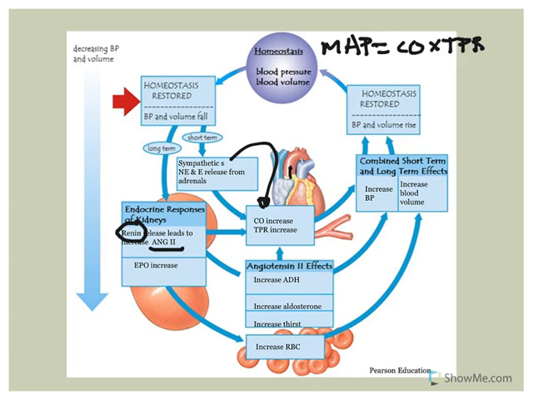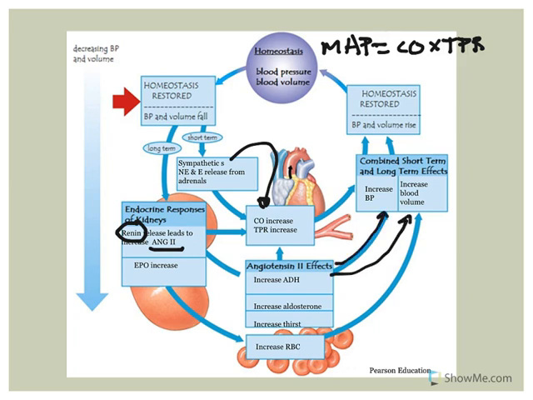Now, angiotensin 2 has a lot of different functions, and I've only listed a few, but it increases ADH secretion, which helps to increase water retention. It's also a vasoconstrictor. Both of those would help to increase blood volume as well as blood pressure.